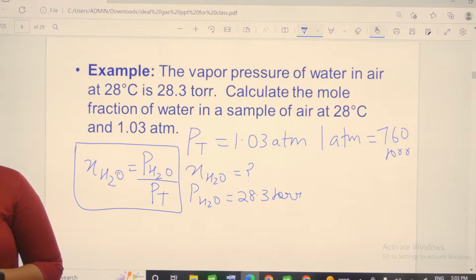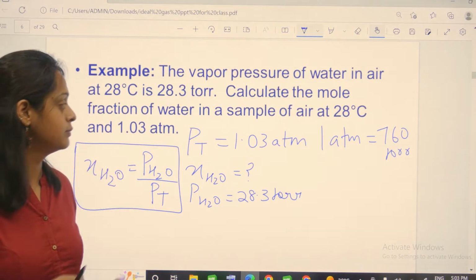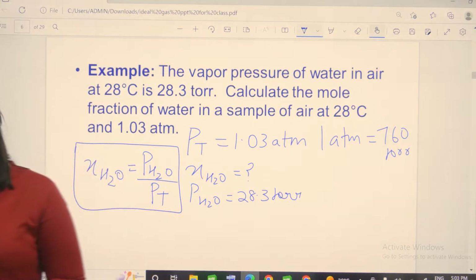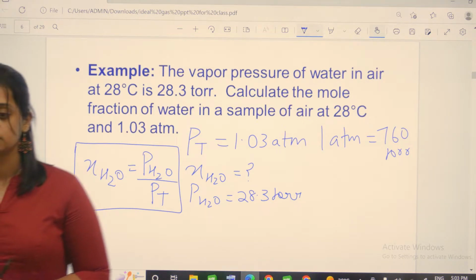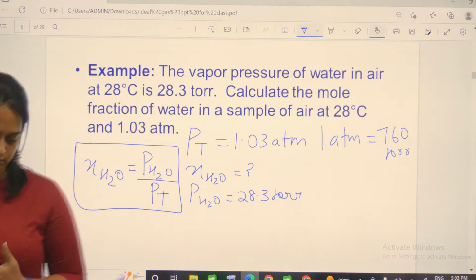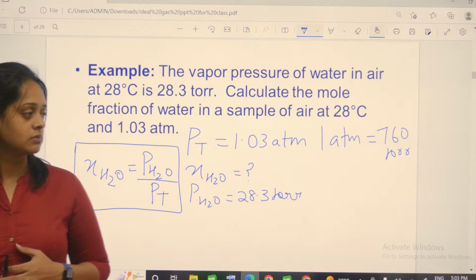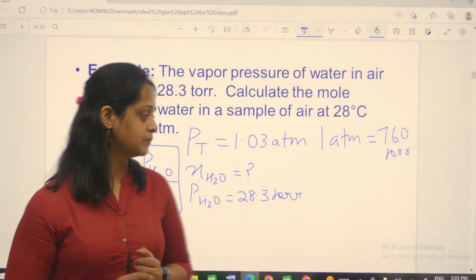How much does it come out to be? What did you get, the answer?